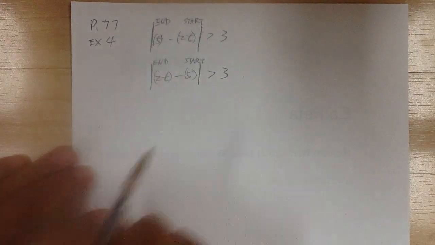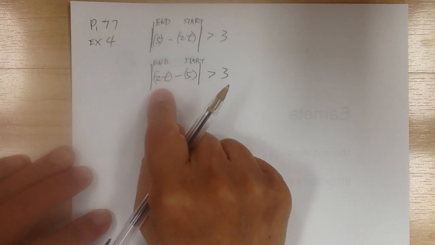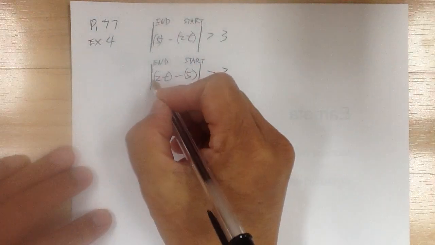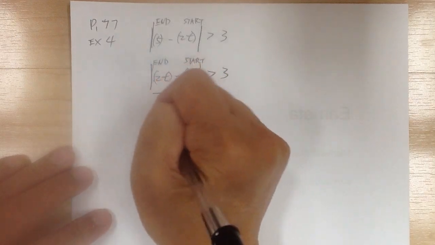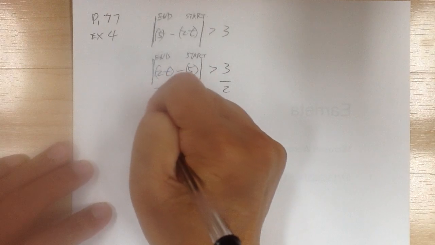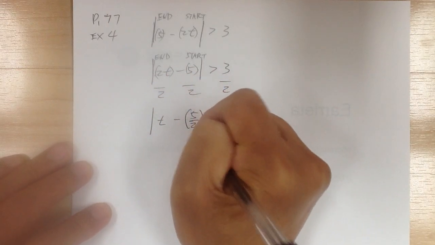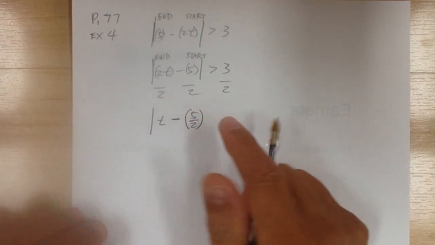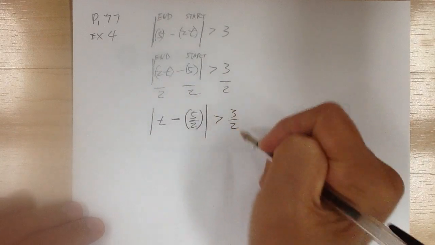Now the next thing is you need to have this by itself, so I'm going to divide by 2. If this is positive, you can just divide by 2. So I get the absolute value of t minus 5 over 2. Again, I'm going to put in parentheses just to remind you that the negative is not part of the starting point. And it's greater than or equal to 3 over 2.